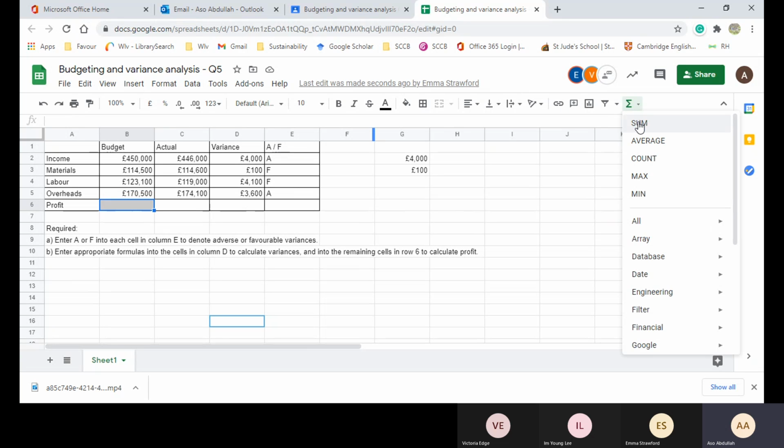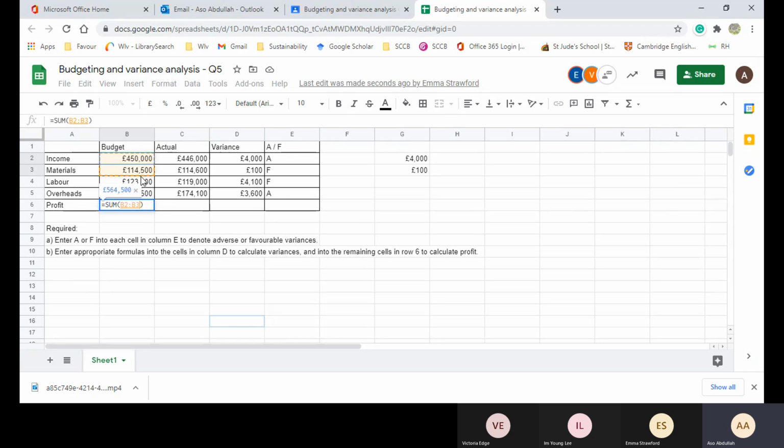So if you click on sum, just like that, it says equal sum B2 to B5.